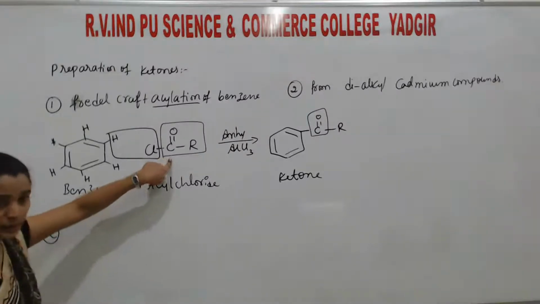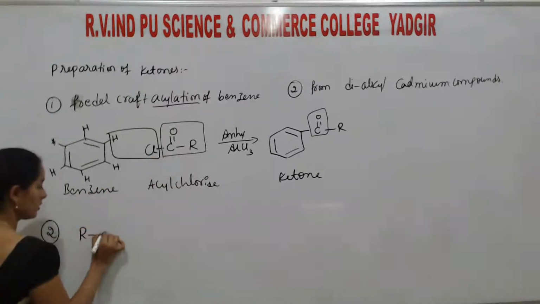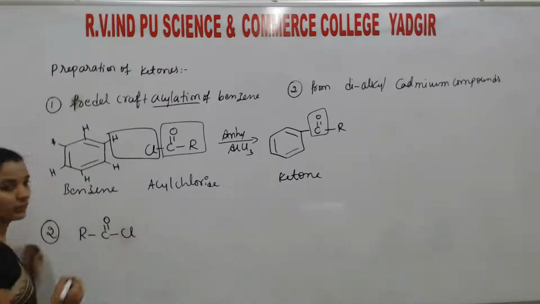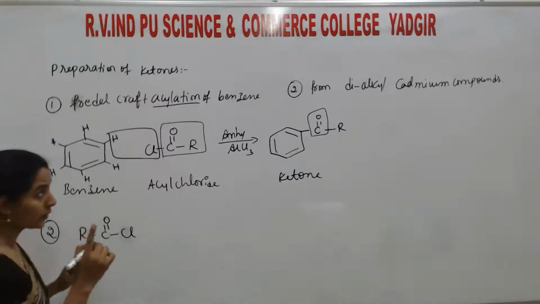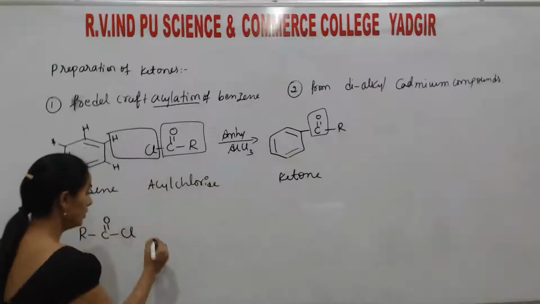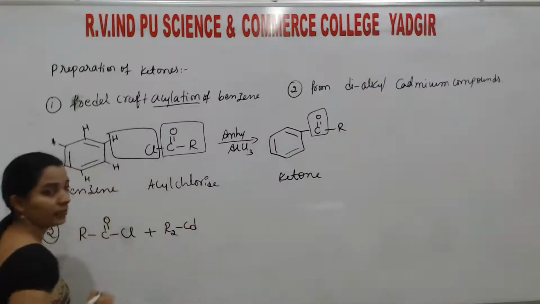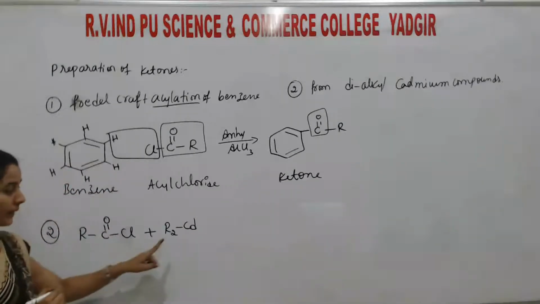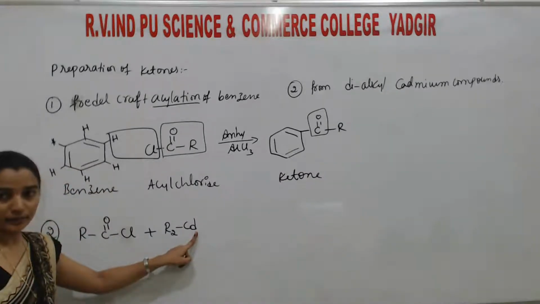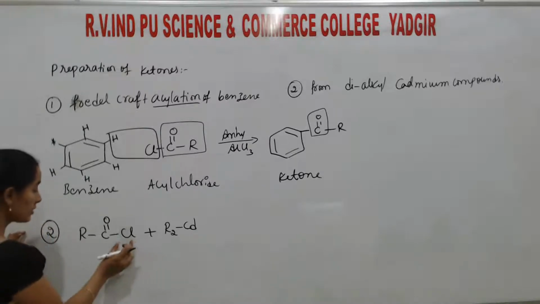Okay, the same acyl chloride we are going to use, R C double bond O, Cl. Another one I told is dialkyl cadmium, which means two R groups are bonded to cadmium. Understand? Which one is going to attach here?